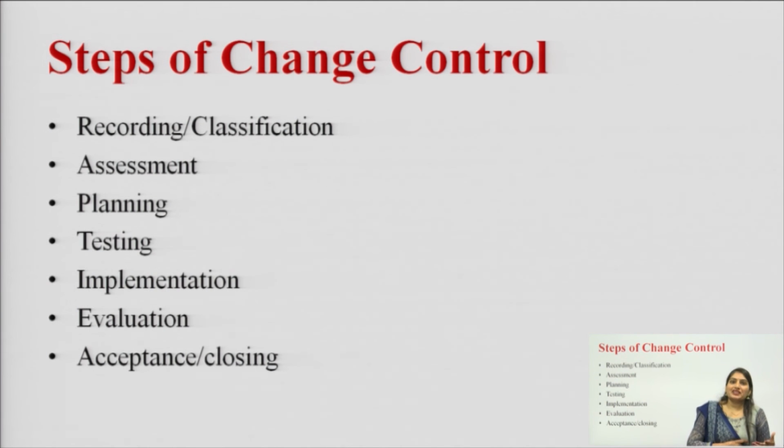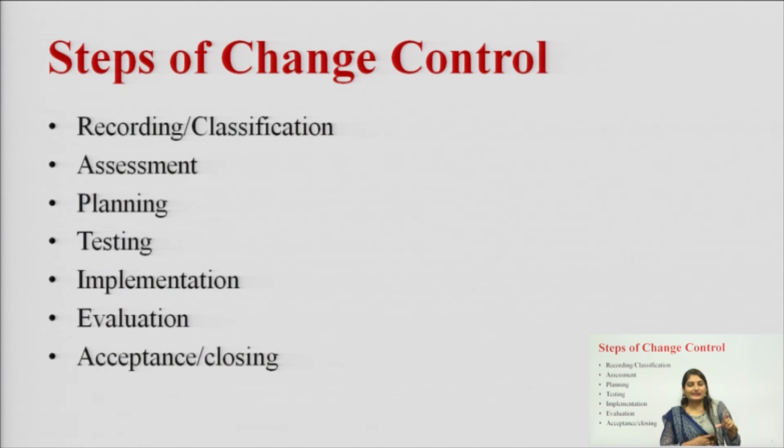Next is implementation. In the implementation, we will implement the change. Next is evaluation. After implementing the change in the process or in the method, we will evaluate the effect of that change. What is the impact of that change, whatever we have implemented in the process. Last is acceptance or closing.